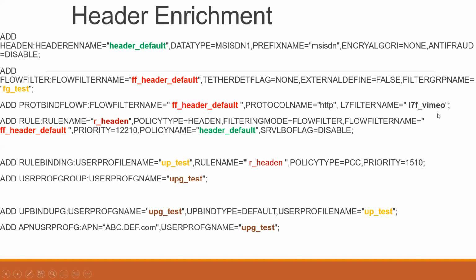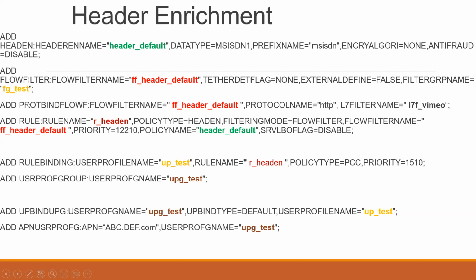And in case we need to do header enrichment for any L7 filter name, we can bind it towards any L7 filter which we have created. Like this is an L7 filter for Vimeo URL. So any request that is going toward Vimeo is going to be appended with the MSISDN.